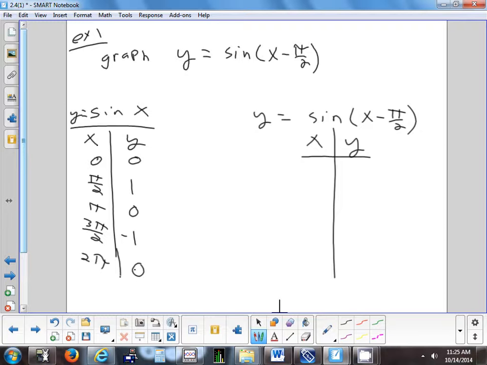Okay, first thing I've got to figure out is if that is a phase shift. Is that a phase shift? Well, Ben? Yep, how do you know? X is subtracted by a number.